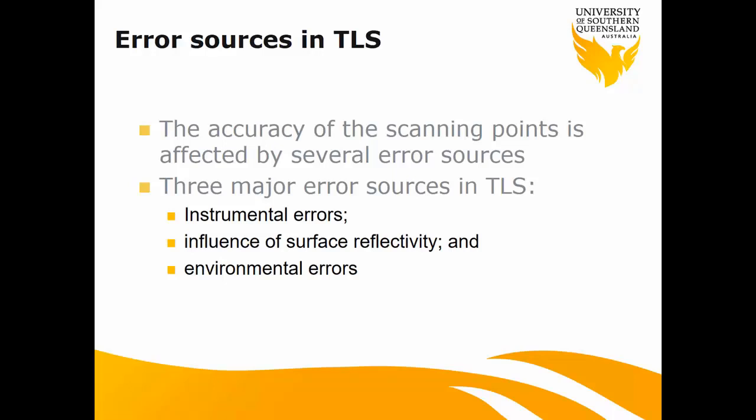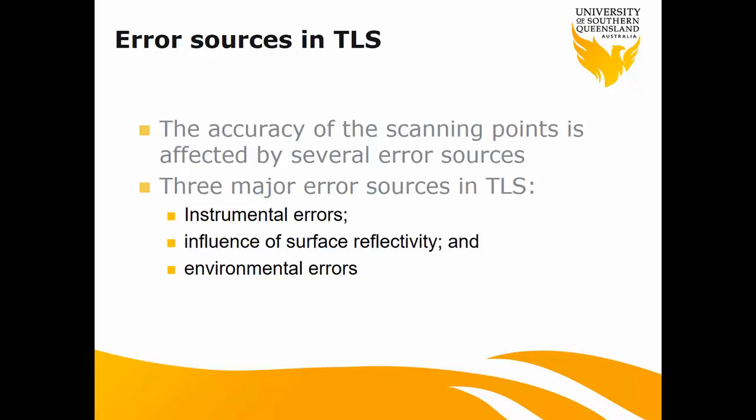Okay, good. The accuracy of the scanning point from a laser scanner is certainly affected by several error sources. But mainly we can group them into three different categories. The first one, instrument errors, caused by the laser scanner.